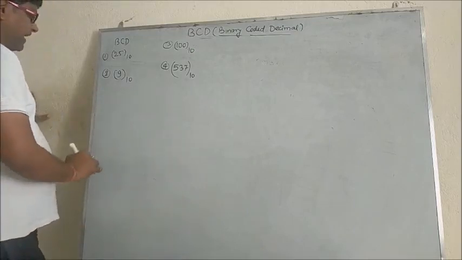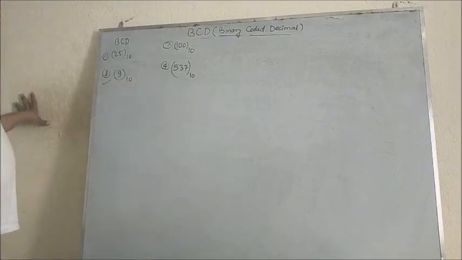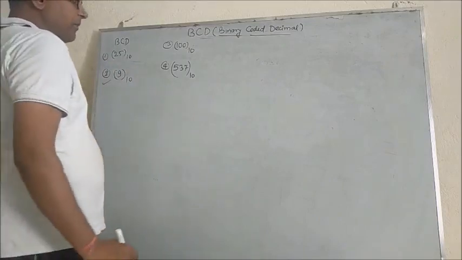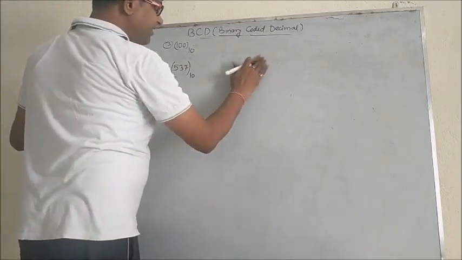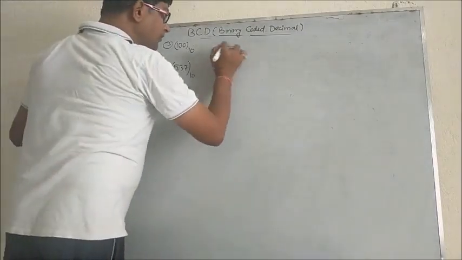First of all, I will take the second example, that is n to the base 10. That means 9 to the base 10, which is in the decimal number system. So what is the binary equivalent of 9? First of all, how many digits are there?